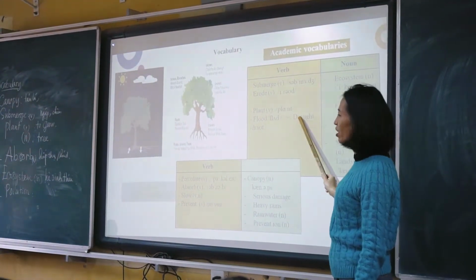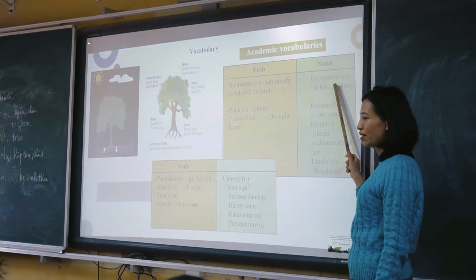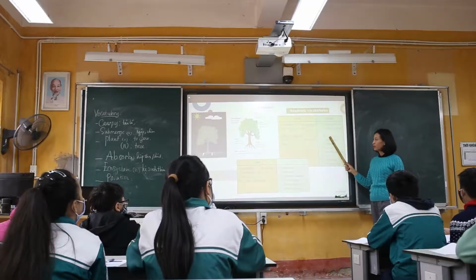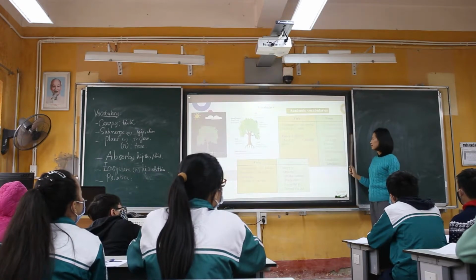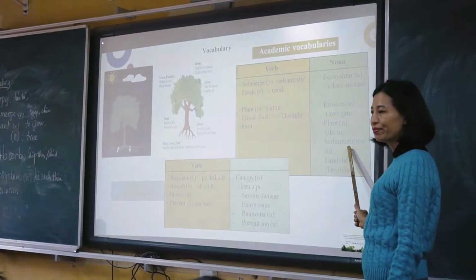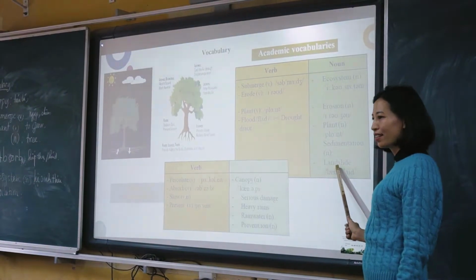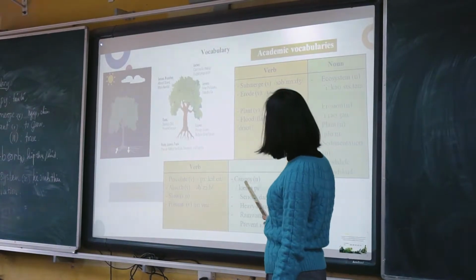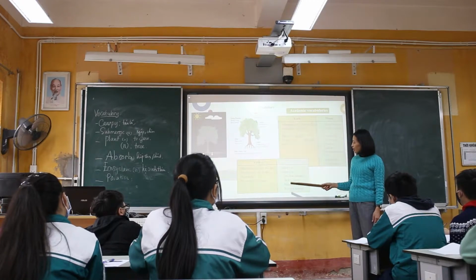It means drought and plus are opposite. Ecosystem. Erosion. Plant. Sedimentation. Landslide. Canopy. Heavy rain.